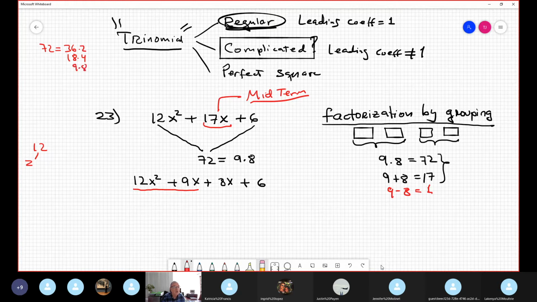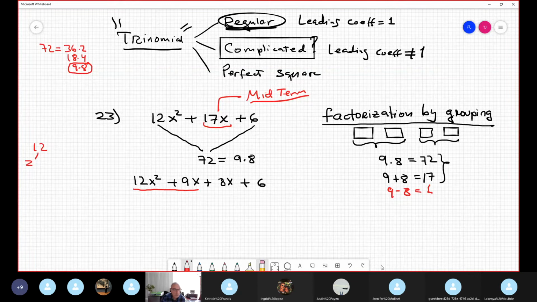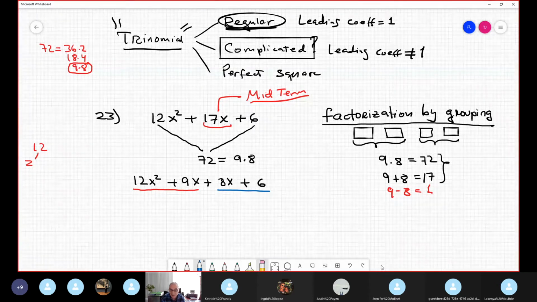However, I need to find the combination. The combination is this, because they are connected. 8 and 9 together, when you add, give 17. Perfect. This couple of numbers helps me to break down this 17 into two parts, and to say that actually in that moment we have two couples. And it's a classical factorization by grouping.